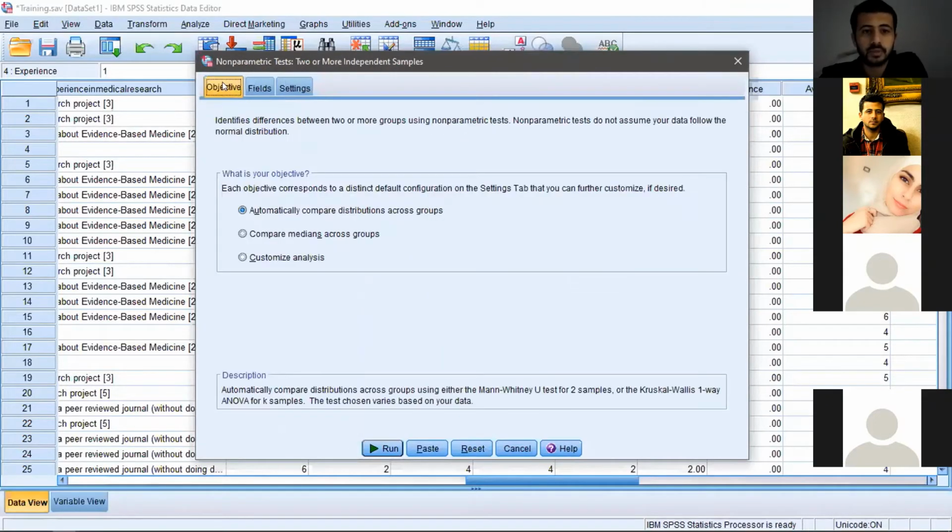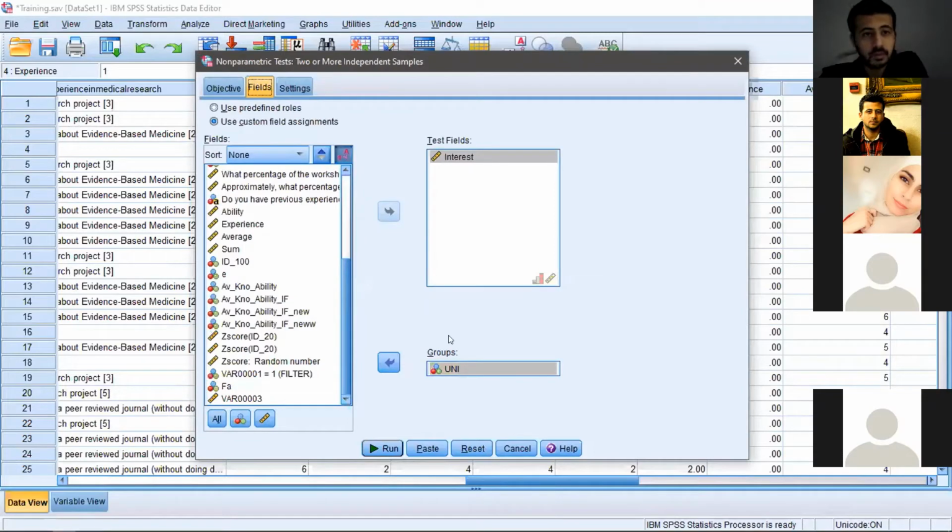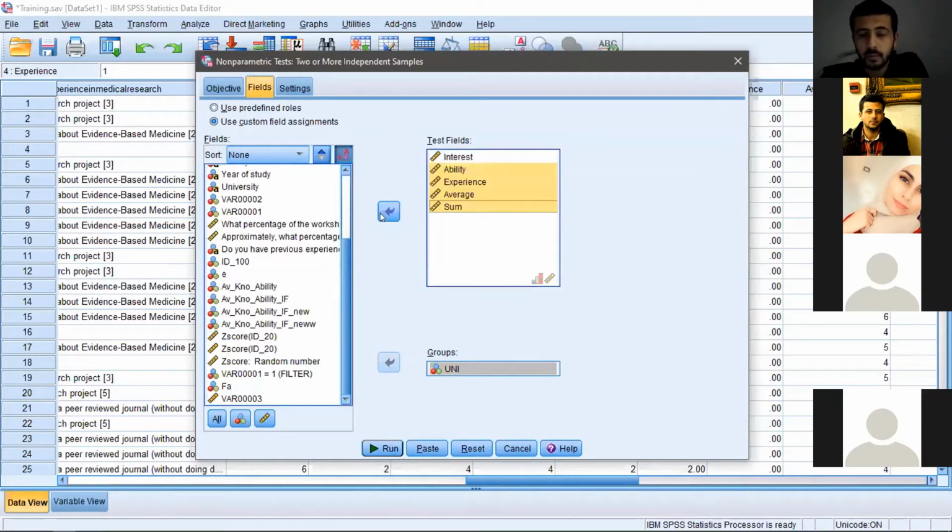First, the objectives. Let SPSS decide what it wants to do, so automatically compare distributions. For the fields, I need to select the groups according to them, and I will compare everything, all the original data I have, so we see how they appear.